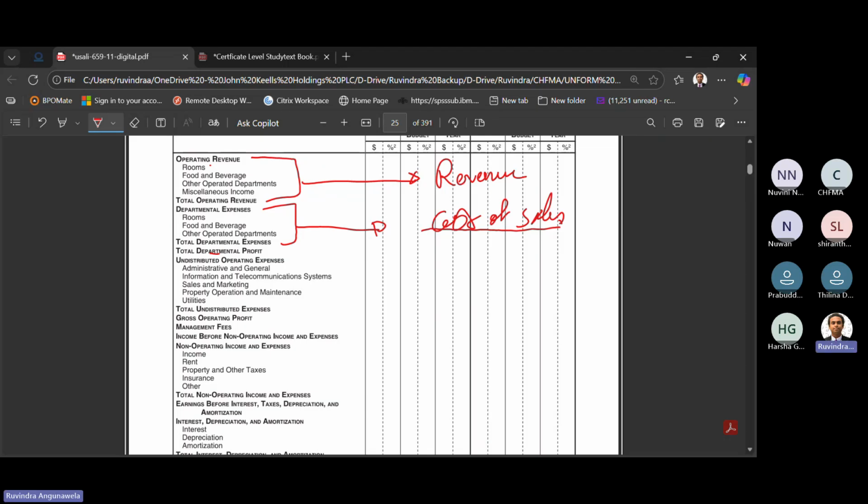Any questions up to now? All clear or not clear? What is the situation? One says okay. I hope okay. Tilina says okay. Harsha's good.